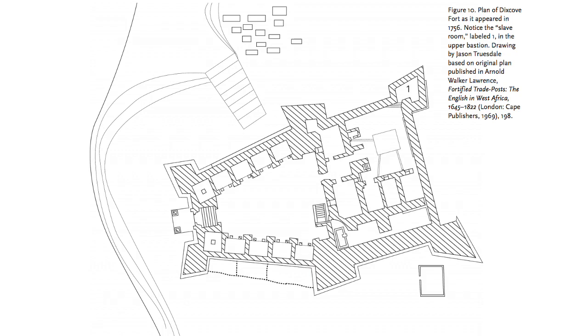So looking carefully at this plan, it's a horrifying sight, and yet it becomes clear that the enslaved people who were captured and detained here against their will were not brought here by the hundreds or even by the tens. Look carefully at the plan.